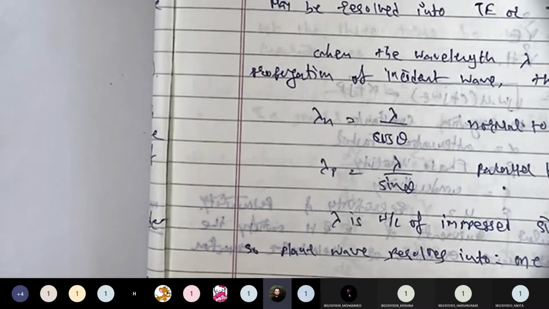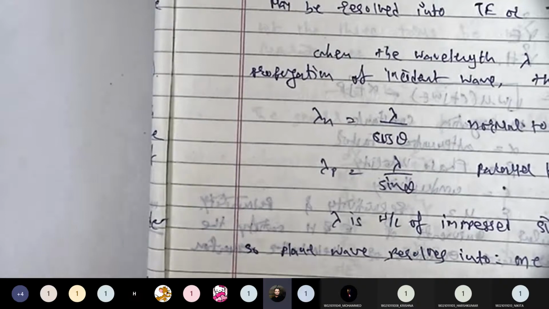So now the next objective is: what is the TE wave inside the rectangular waveguide? What is the solution of these wave equations in rectangular coordinates? So this is our objective.